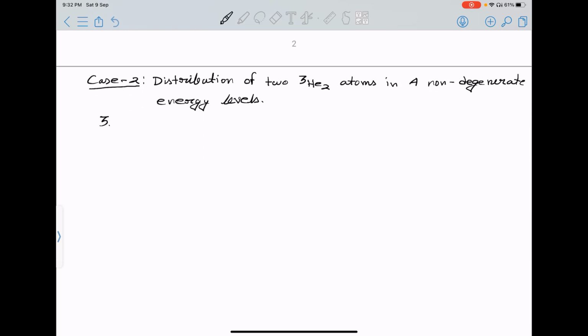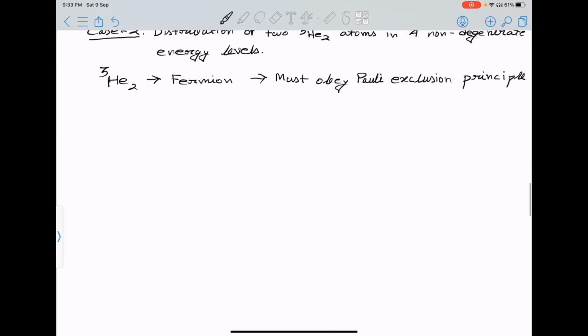As I have said earlier, helium-3 is a fermionic atom, so this must obey the Pauli exclusion principle.